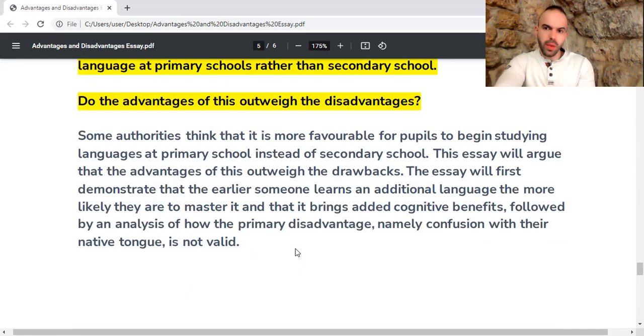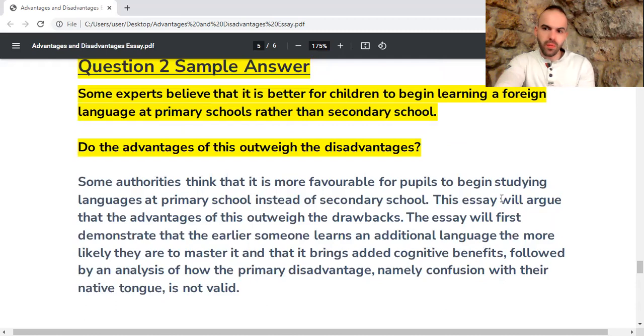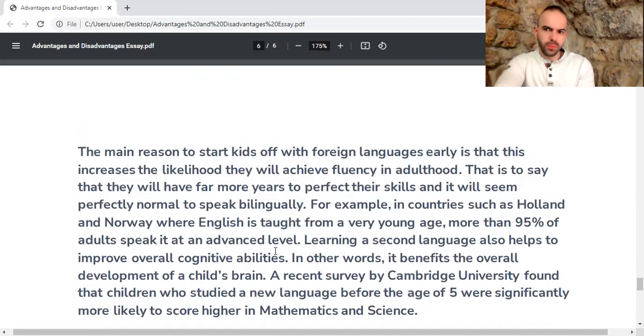Now let's focus on the verb tenses. So we have the future tense in here. We also have to master it. Okay. I'm going just to highlight the most important verb tenses in here.